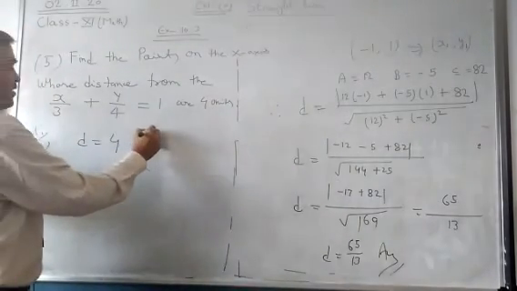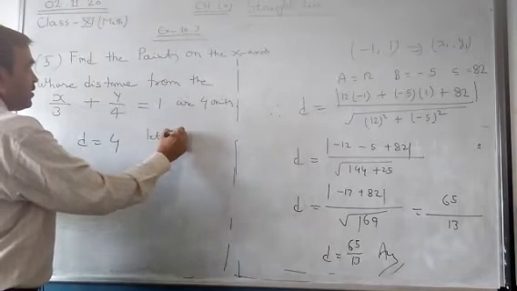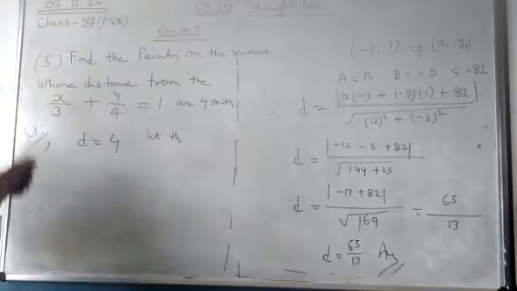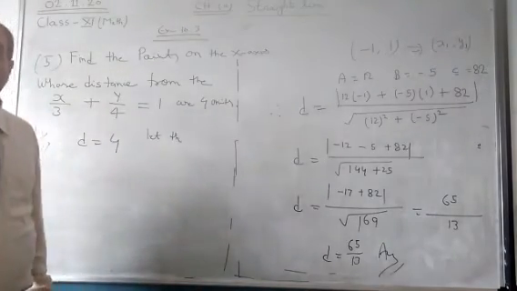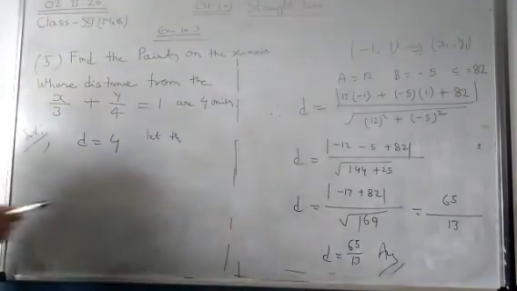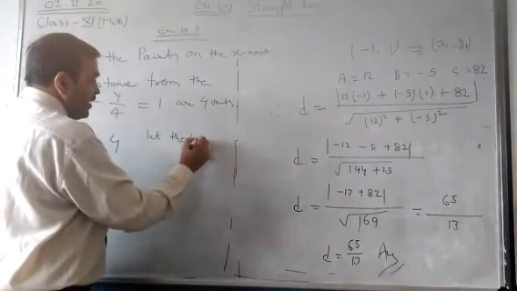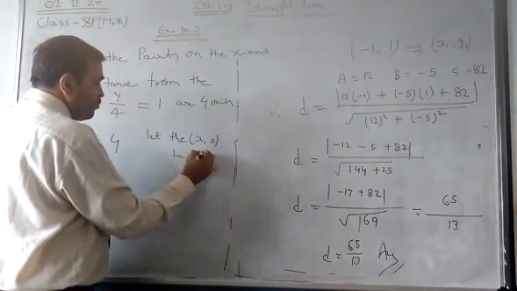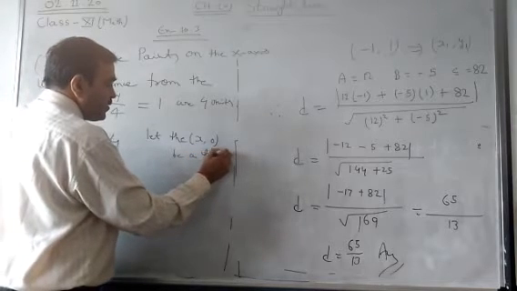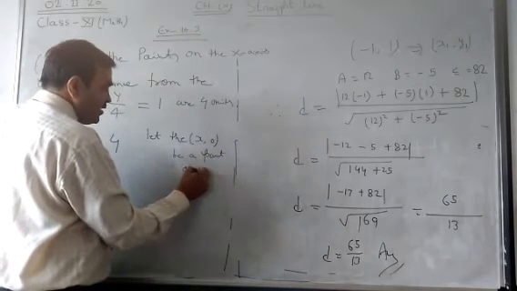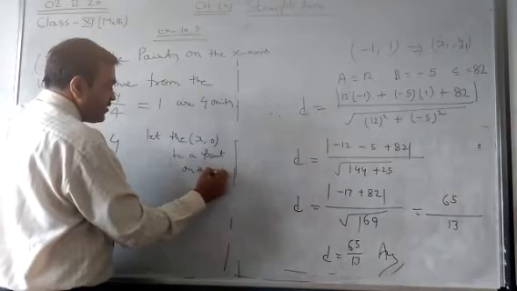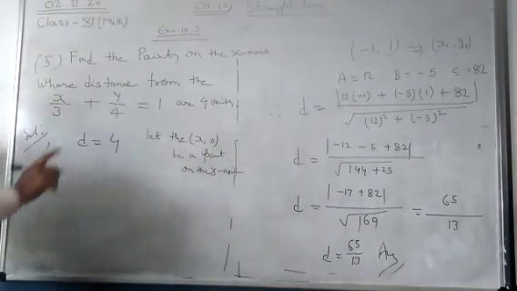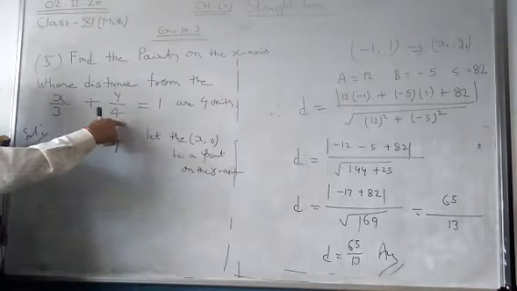So let the point on the x-axis be x comma 0. Now first we convert this equation to general form.